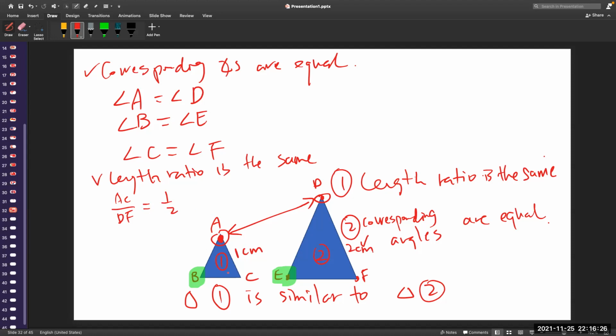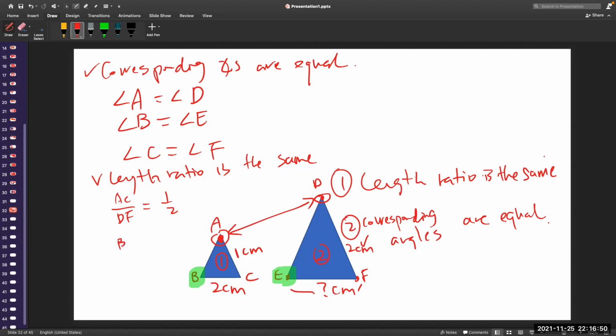So if I tell you AC is 2 cm, what do you think the length of EF is? If it's 1 to 2, then it's 4 cm. Yes.